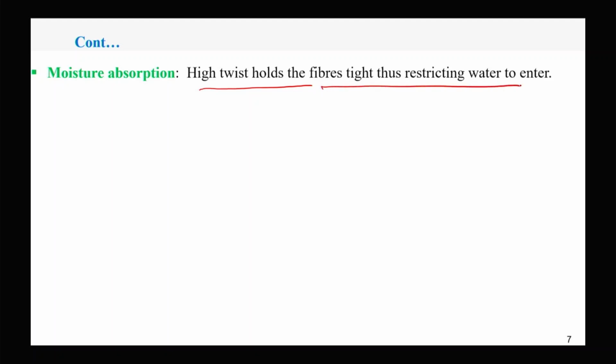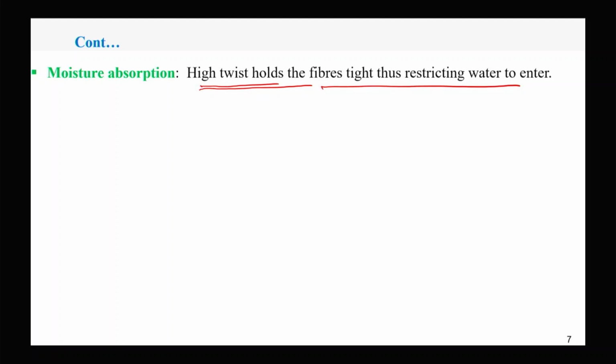On the other hand, if we use a low twisted yarn, it will become softer and air pockets will be there, so water can penetrate easily. So just by playing with the twist, we can increase or decrease the moisture absorption.